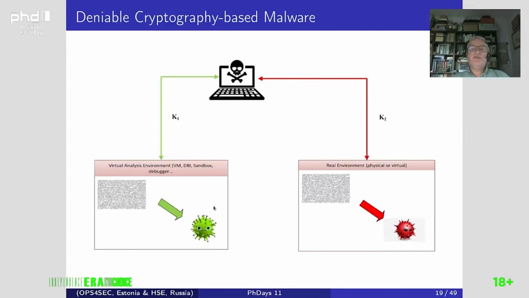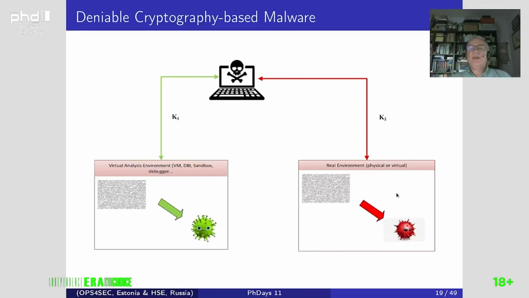If the malware says, okay, I am currently being analyzed, one key is sent, and the malware decrypts itself as a plaintext, which is either an innocent-looking malware or plaintext data.